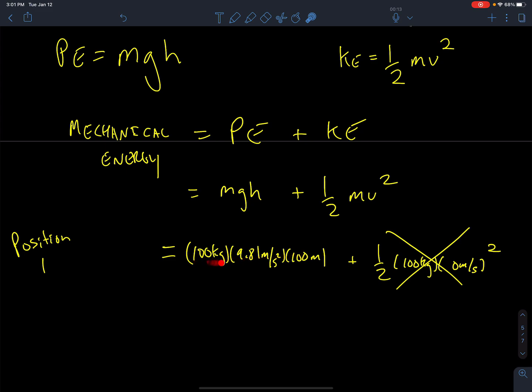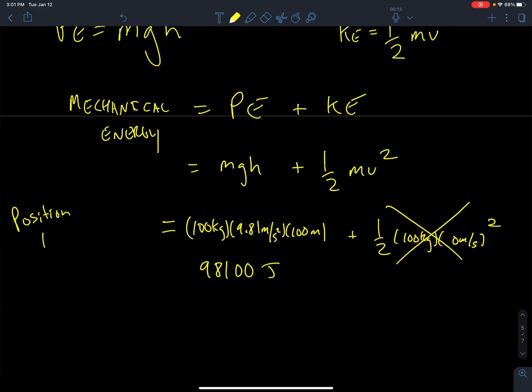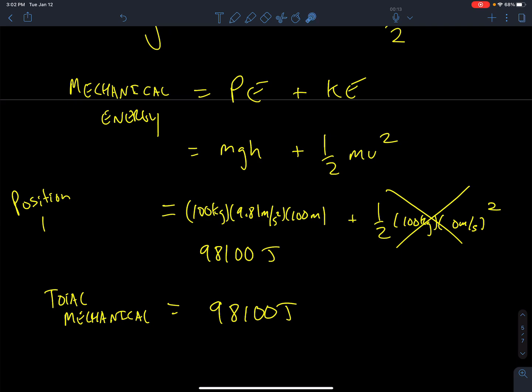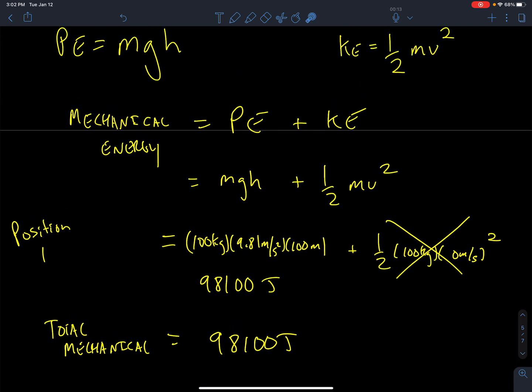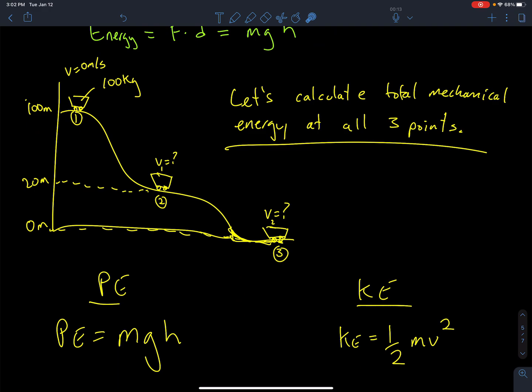And now if I multiply this through, I am going to have joules of energy. So the total mechanical energy is going to be 98,100 joules.